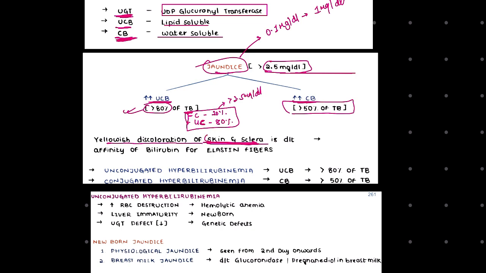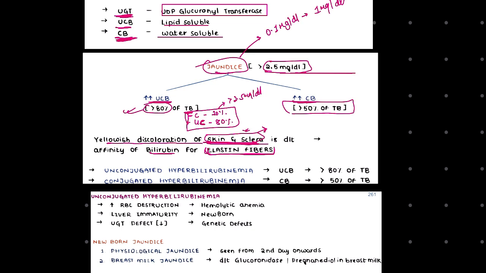It's important, skin and sclera. If we correlate it with anatomy, what we find is that the affinity of bilirubin is maximum for elastin fibers. That means in the places where there is the maximum concentration of elastin fibers, we will find the maximum amount of bilirubin, and the maximum amount of elastin fibers is found in our skin and sclera.